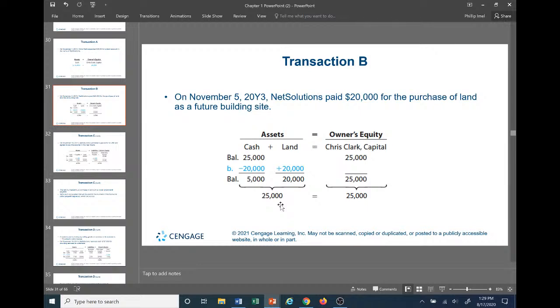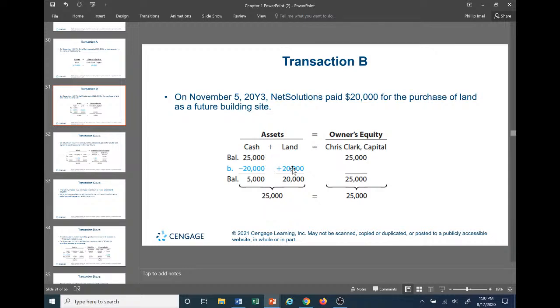Therefore, the owner's equity hasn't changed. You can see it just moves down $25,000 because the only thing that's different is the form of owner's equity. Now we have it in land and cash, and it's all owned by Chris Clark still. So I hope everyone's following that. He put the cash in, $25,000. That was his capital. Then the company spent $20,000, reducing cash to $5,000.